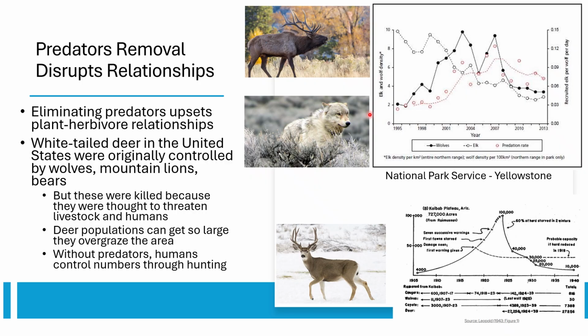The population of deer increased and damaged the vegetation. It wasn't until the reintroduction of the wolf in the mid 1990s, around 1994, that we saw the population of deer decrease, and then the vegetation could recover.